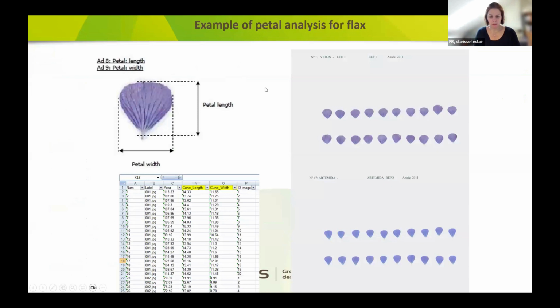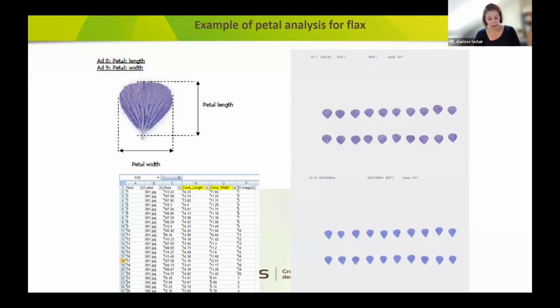Then there is another concrete example of what we do in routine. It's for flax, we use the image analysis for the petal measurement. So in the guideline or in the technical protocol, for flax, we measure petal length and petal width.